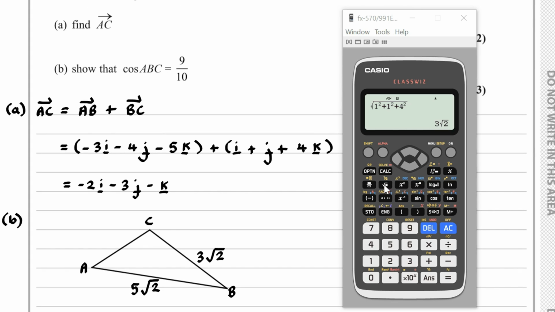AC, we have minus 2 squared plus minus 3 squared plus minus 1 squared. We get √14. So we will add on to our diagram √14.